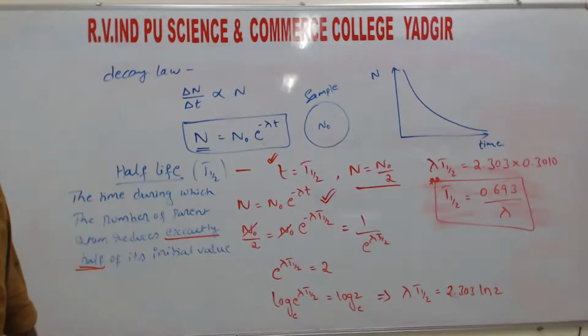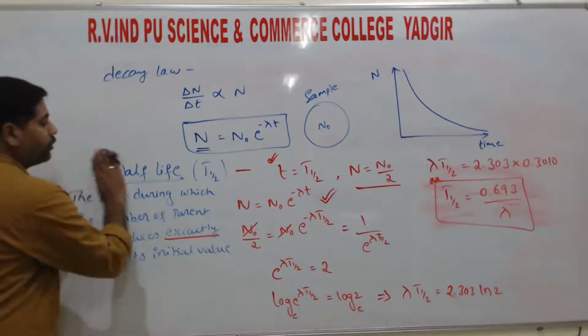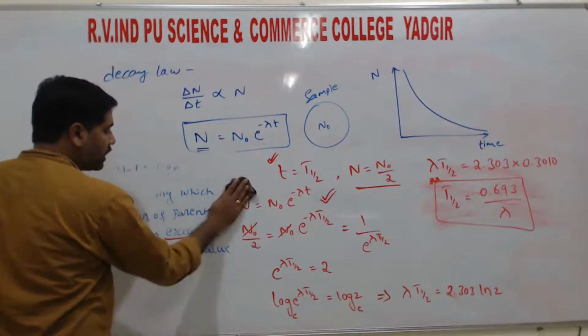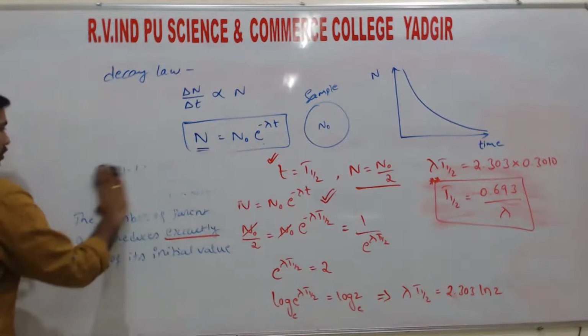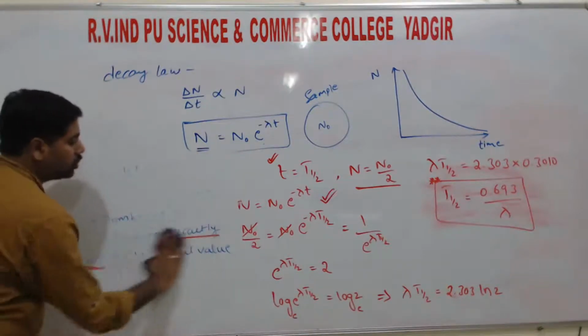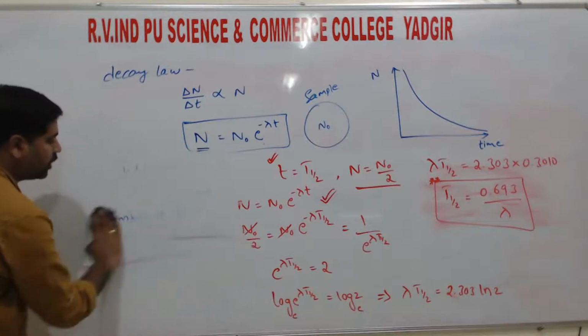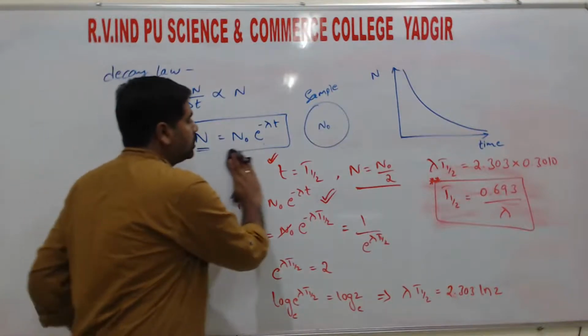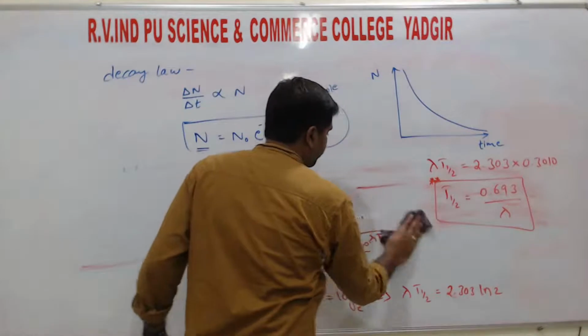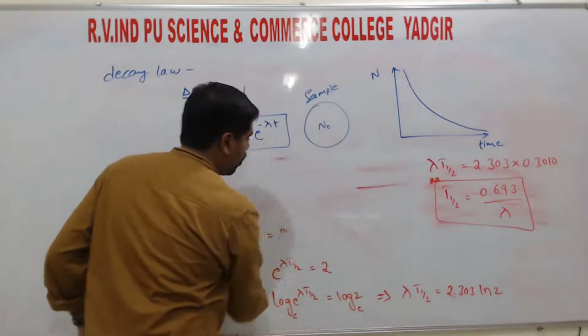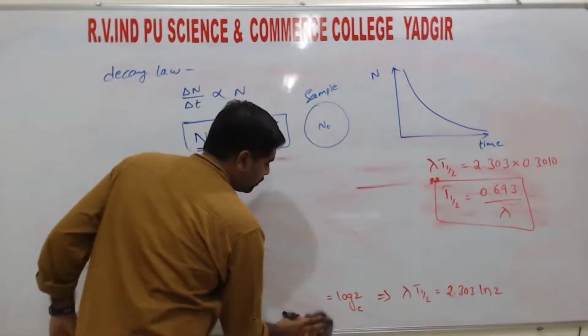And the last definition is mean life. So this is half-life, exactly half. When the nuclei reduce to exactly half, that time we call the half-life. And the next one is mean life or average life of the sample.